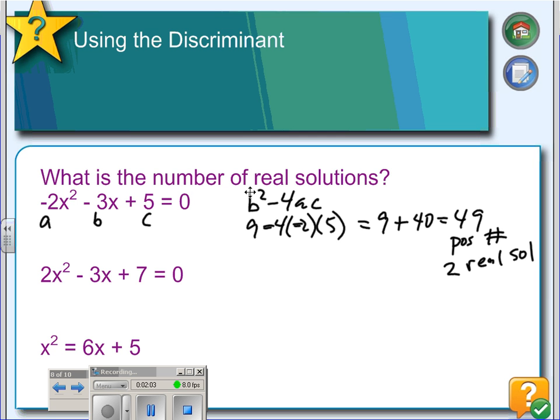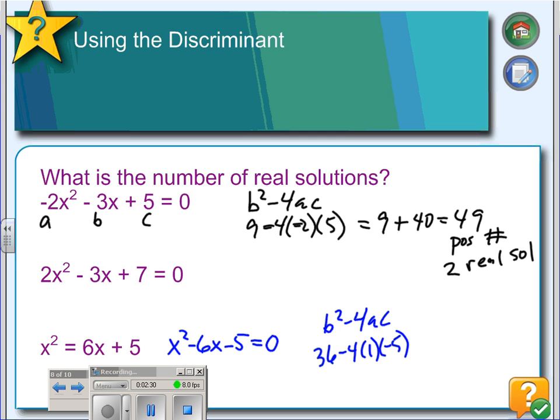Okay, so you can do the next example. In the bottom example, we have to first put the equation in standard form. So we're going to have to subtract the 6x and the 5, making the equation equal 0. Once it equals 0, then we can calculate the discriminant. So we have 6 squared is 36 minus 4 times 1 times negative 5. 4 times 1 times 5 is 20.